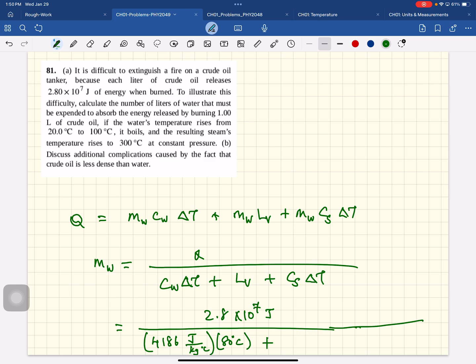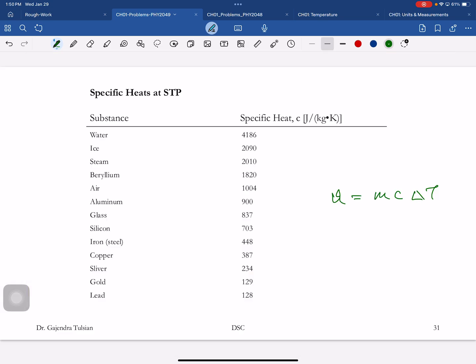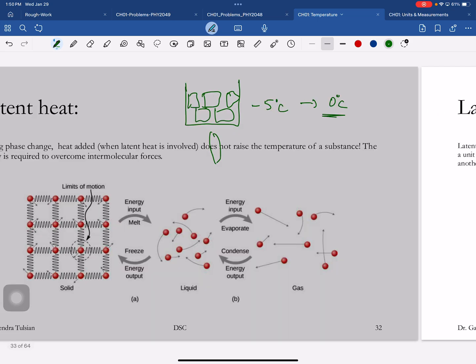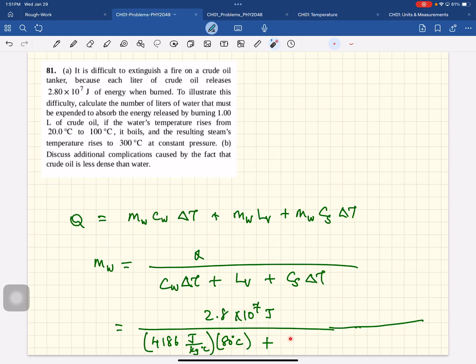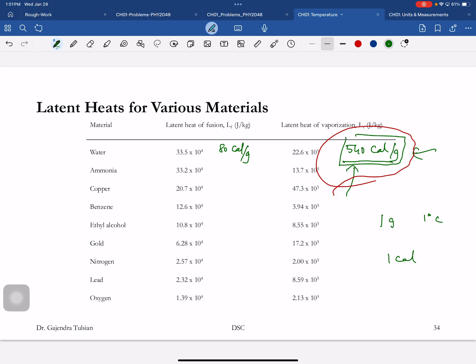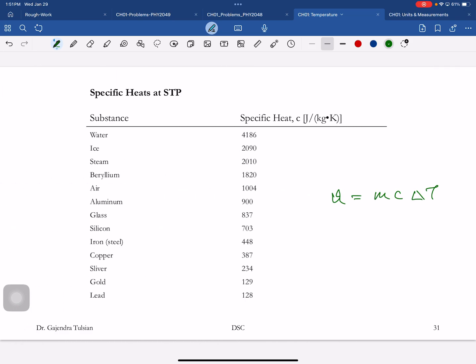Then the latent heat of vaporization for water, 2.26 times 10 to the 6. Specific heat of steam is 2010.